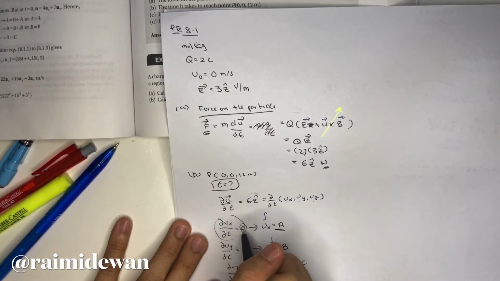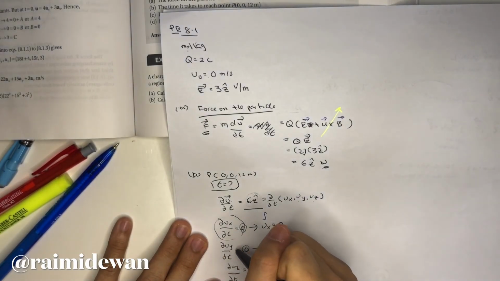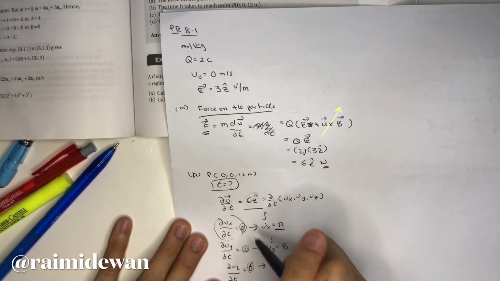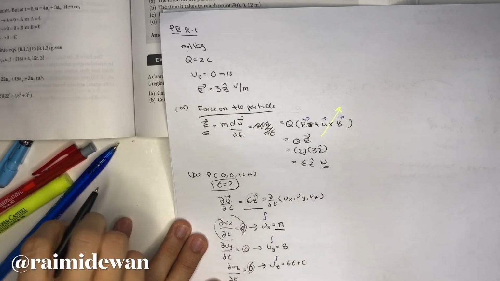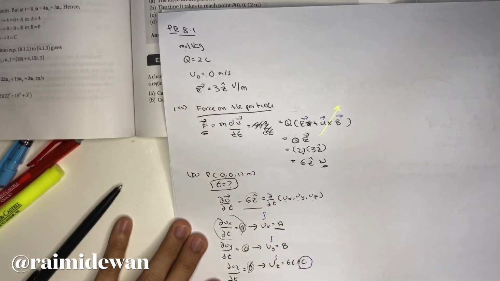So dux is 0 because there is no x here. Du over dt is 0, and du over dz, you have 6z, you have c. So when you do the integration, you will get a constant here.